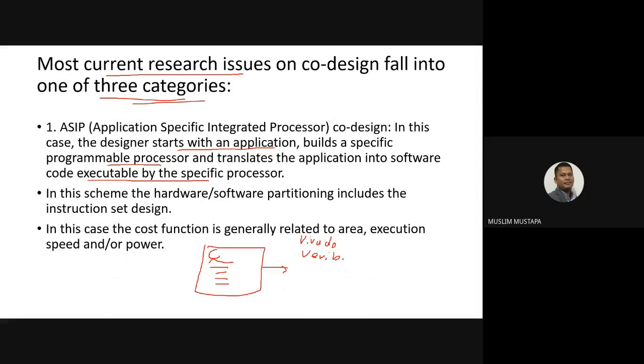So Verilog, you got the hardware. When you got the hardware, then you need to produce another C language to control your hardware. C which is inserted in your hardware, right? So this is an application specific integrated processor.